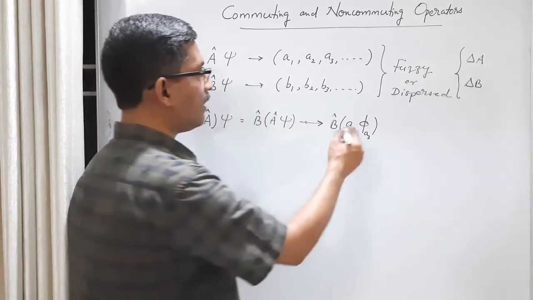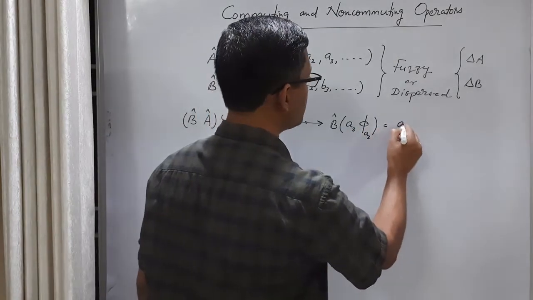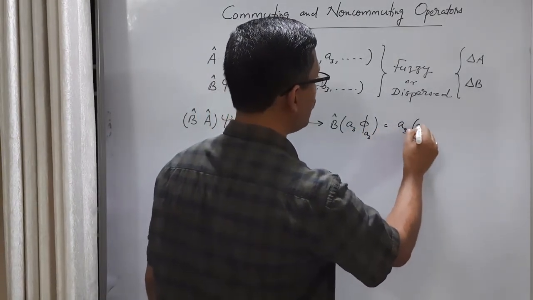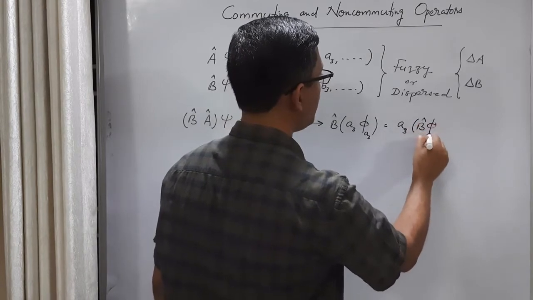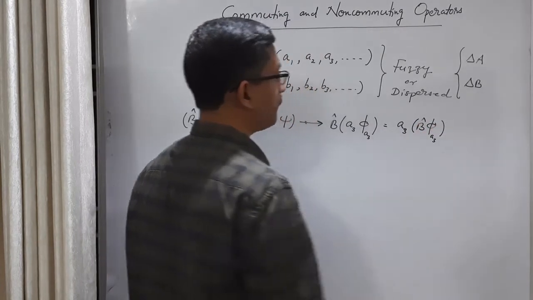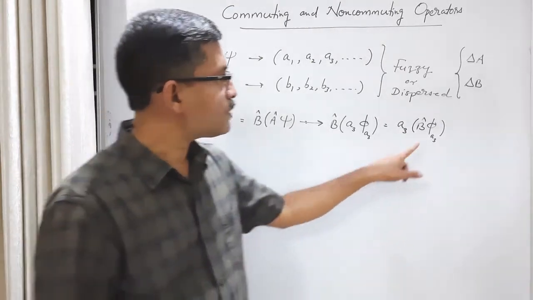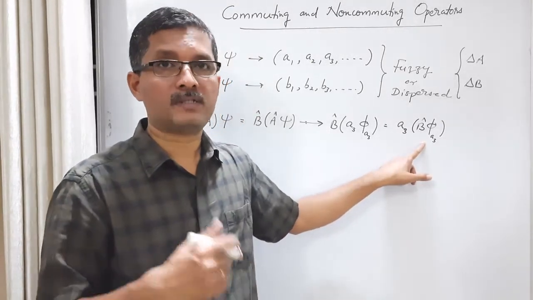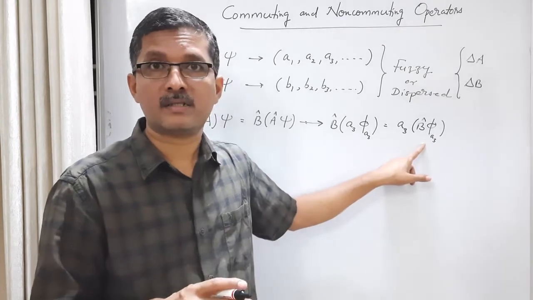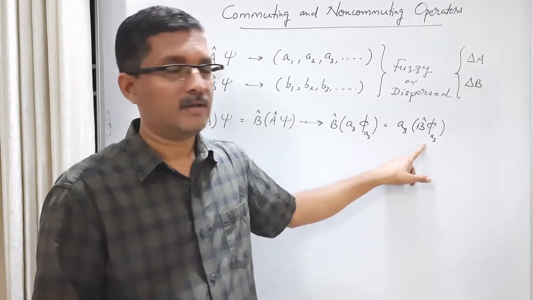Now A3 is a scalar, so we can write this as A3 and now B acts on this phi A3. Okay. What is phi A3? It is an eigenstate of operator A. It's not an eigenstate of operator B. Okay.